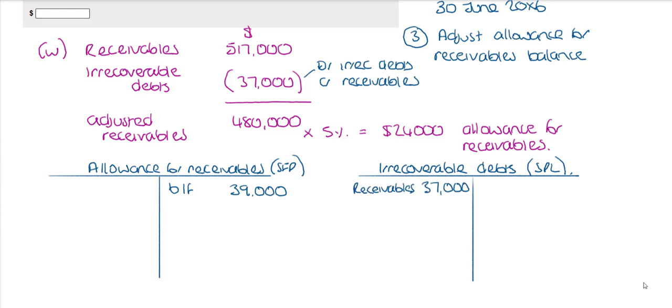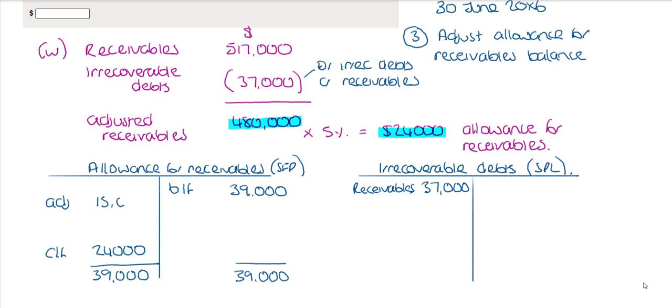We have then adjusted for the receivables balance, and we have calculated what the closing allowance for receivables is at 5%, which is $24,000. This will therefore be my carry forward balance in my allowance for receivables. What I need to do is work out what the adjustment should be for that balance to ensure that the ledger account agrees. For both sides to equal $39,000, my adjustment for allowance for receivables is $15,000.